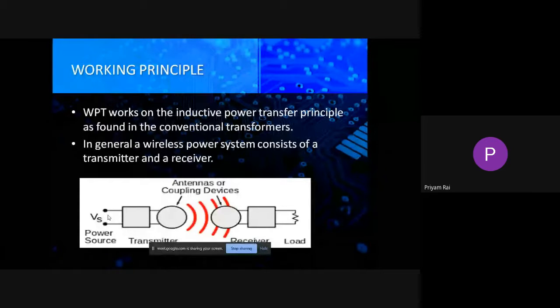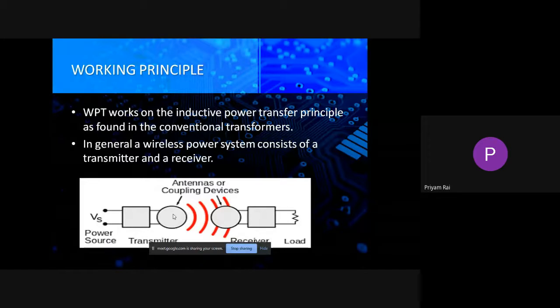And this round part of the transmitter is called the antenna, which may be a coil of wire which generates a magnetic field or a metal plate which generates an electrical field. This antenna device converts the power to a time-varying electromagnetic field.